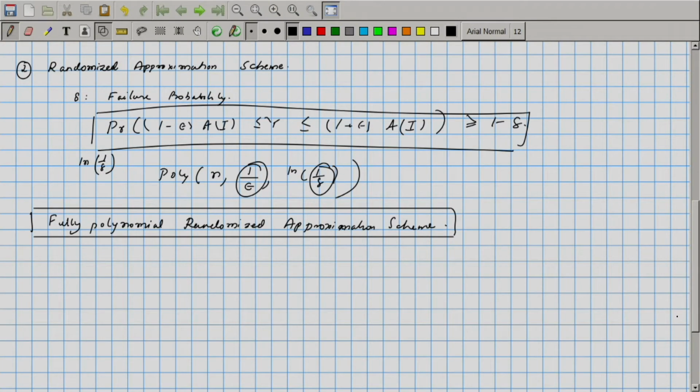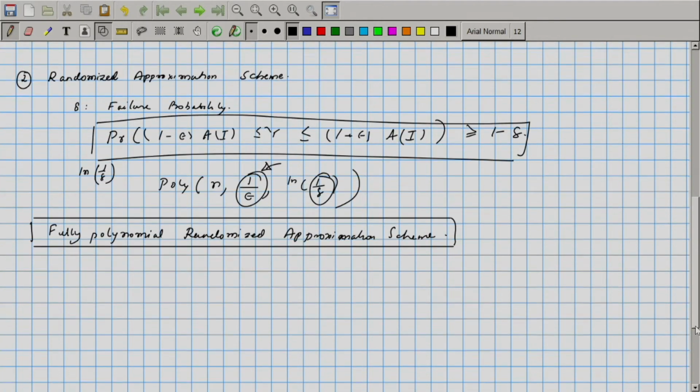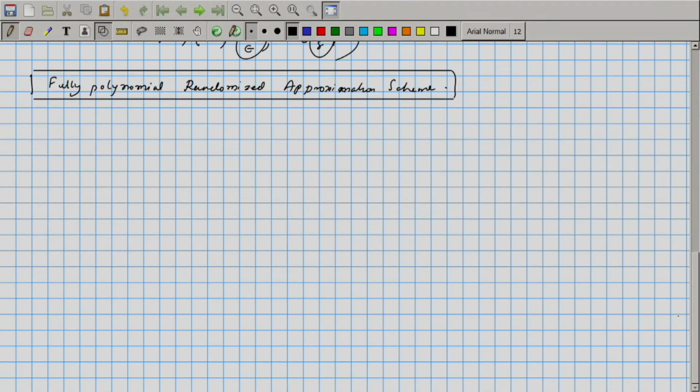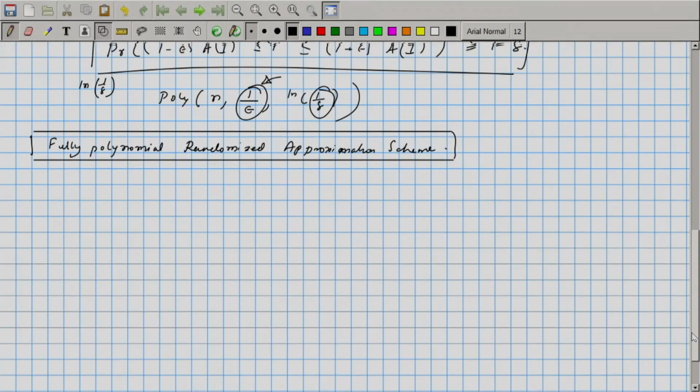That is, for any failure probability we should have an algorithm, and its running time should be bounded by a polynomial in log 1 by delta, but regarding the approximation factor we are a little less stringent. Okay. So, this is what we mean when we say we have a fully polynomial randomized approximation scheme for a particular problem.